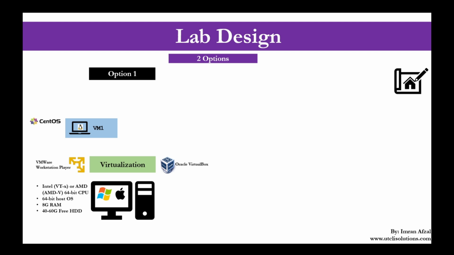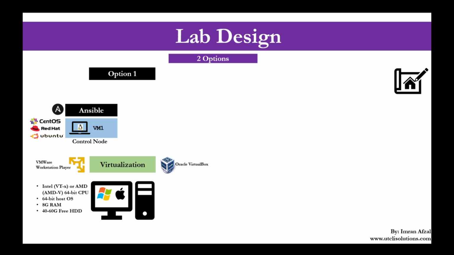That Linux operating system could either be CentOS, Red Hat, or Ubuntu. Ansible can be installed and run on any of these operating systems. We will install Ansible engine or Ansible software on this operating system, and that virtual machine or virtual computer will become our control node.